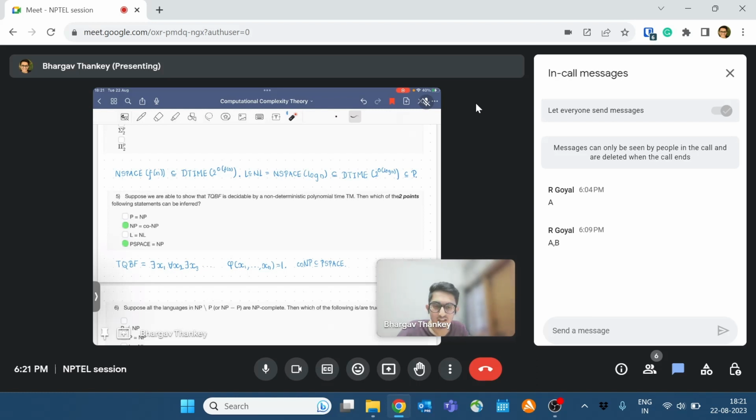So maybe we could say TQBF is Sigma 1 union Sigma 2 union Sigma 3, and so on, depending upon the number of variables inside the Boolean expression. So can we view it like this, that TQBF is a union of Sigma i, wherein i varies over the natural numbers?